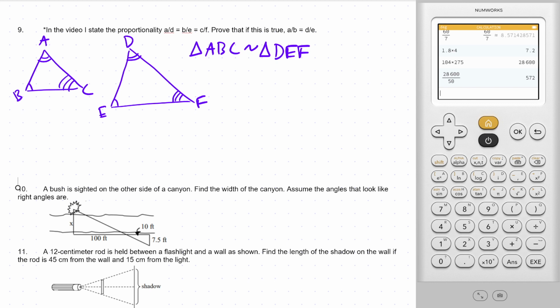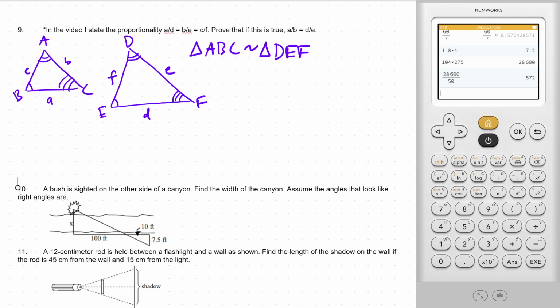Okay, so I'm going to use the naming convention that I discussed in the video. So this would be lowercase b, lowercase a, lowercase c, and lowercase e, lowercase d, lowercase f.